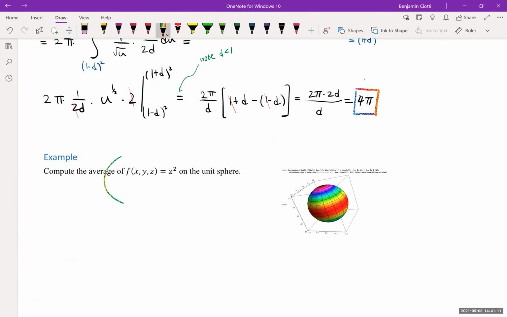There's multiple ways you could set it up. I can think of the easiest. Generally, if you're on a sphere, if you're on a shape that has spherical symmetry, probably you want to use spherical coordinates.